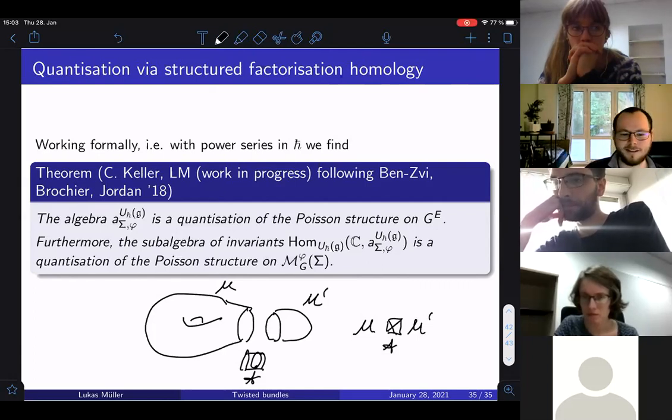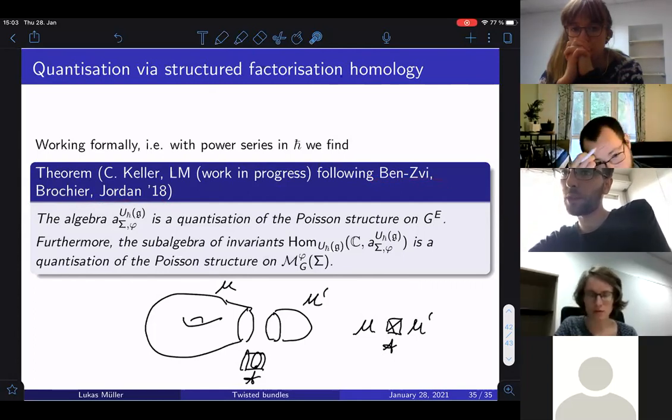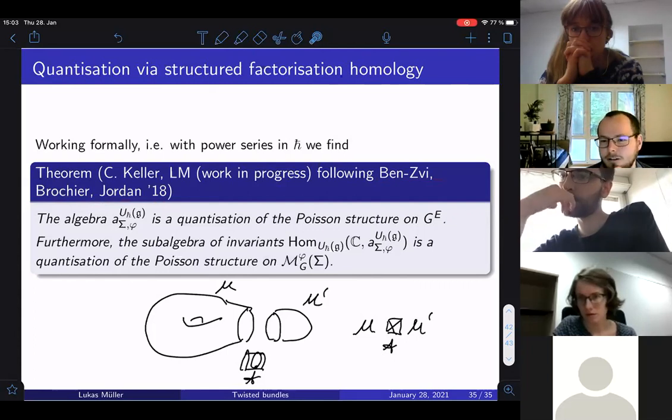The problem is, and this is not just the problem in our case, it's somehow to relate this to known quantizations of moduli spaces of bundles on closed surfaces. So I think that's also not done in the work by Adrian, David, and David. So we can compute the factorization homology, we just don't know if it quantizes anything known explicitly.